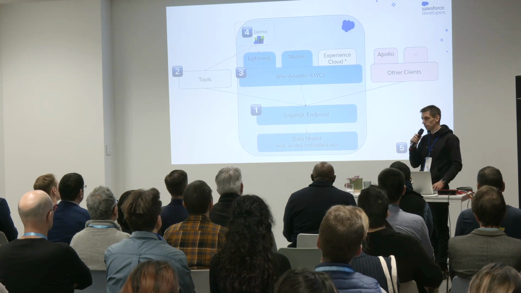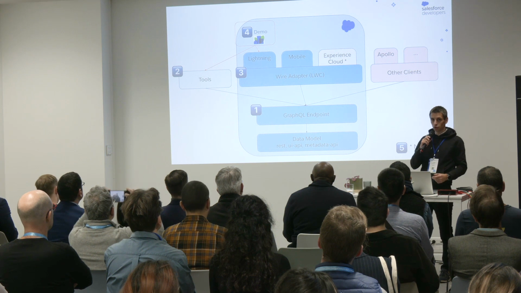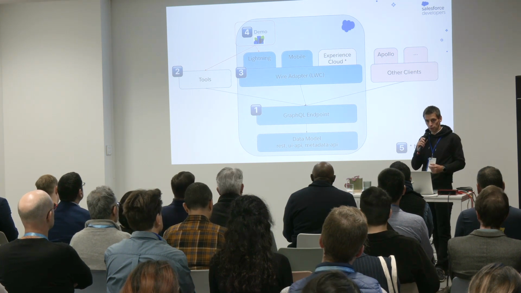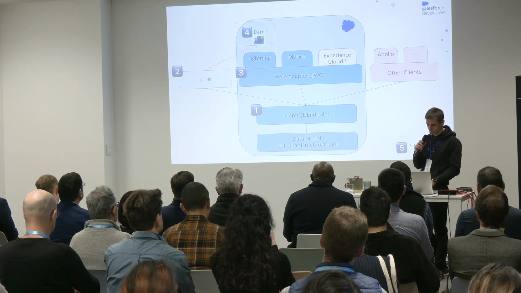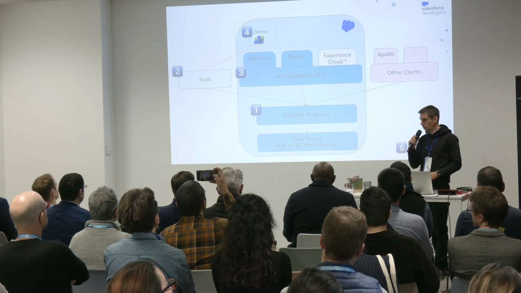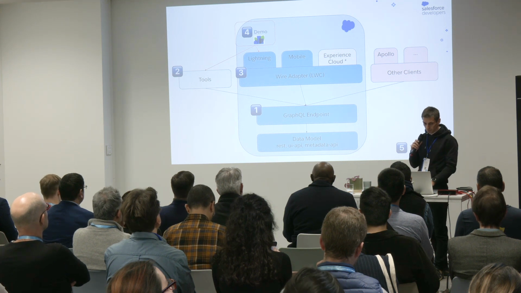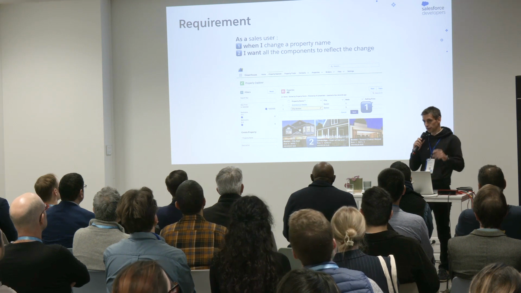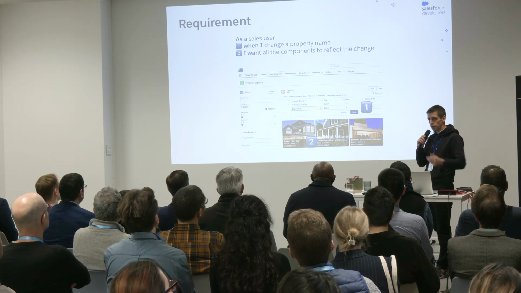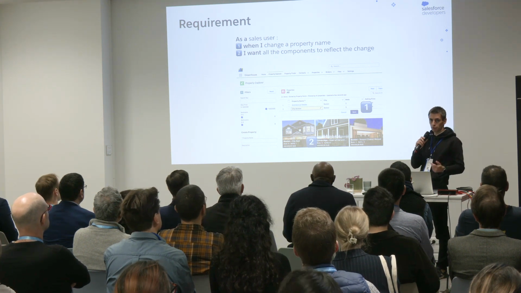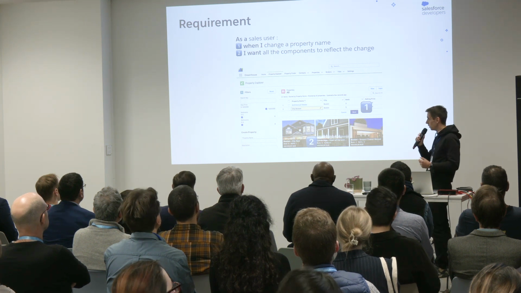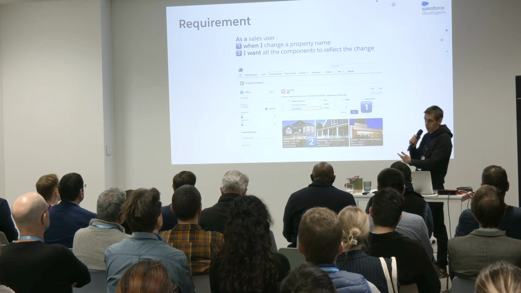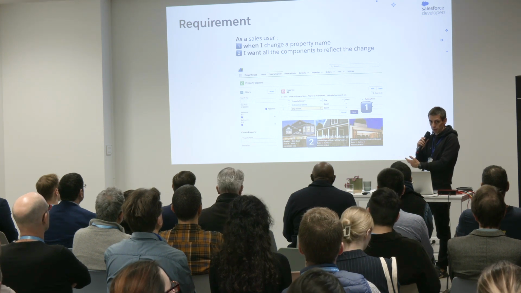So, enough talking. We'll see this in action, right? A small demo is better than a lot of talk. So, you probably know this application. It's the Dream House application. It's a demo application you will find in LWC recipes. Kind of popular. What's interesting with this application is it's using exactly the pattern I described, right?